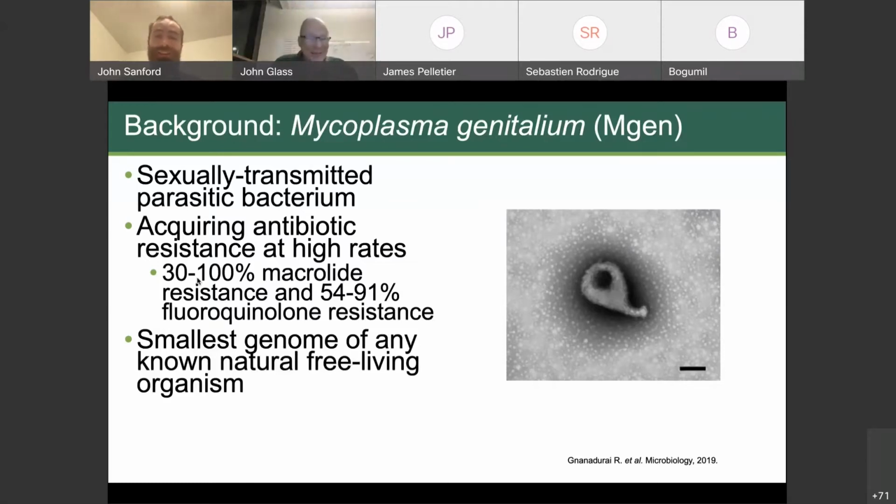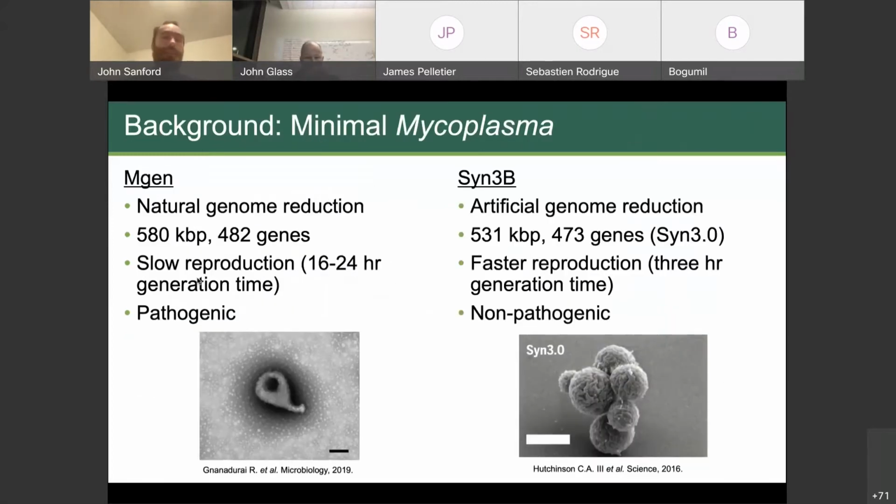So you can kind of look at it, or sorry, I should say Syn 3.0 on this title here. The way that I've been looking at this, using these two organisms as a model, is that M. genitalium represents the smallest naturally occurring genome that we know of right now, an instance of extreme natural genome reduction, whereas Syn3 is where the reduction has been artificially taken place.